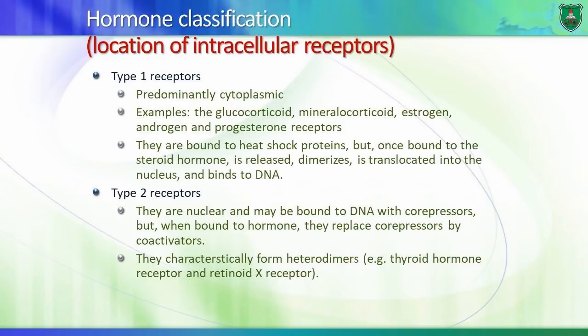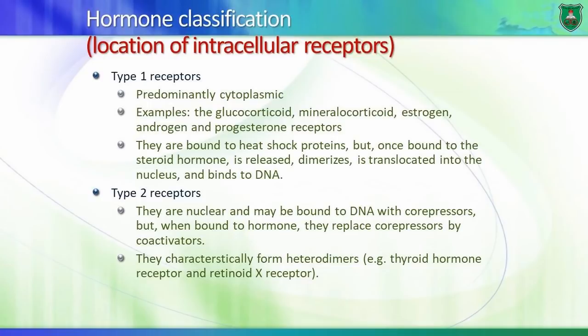Now, these nuclear receptors can be classified into type 1 receptors or type 2 receptors. They both can bind to DNA at the end, but there are differences between these two classes of receptors. So type 1 receptors are predominantly cytoplasmic, and they are bound to heat shock proteins.